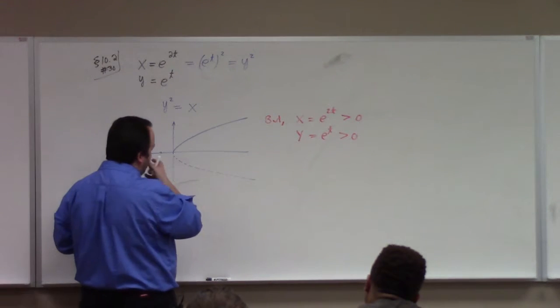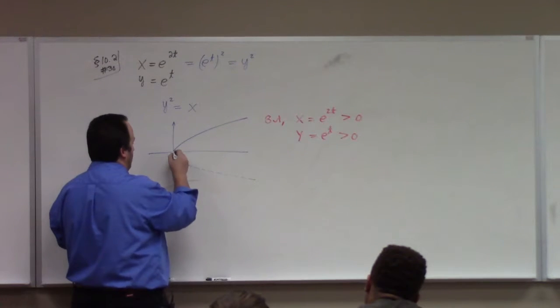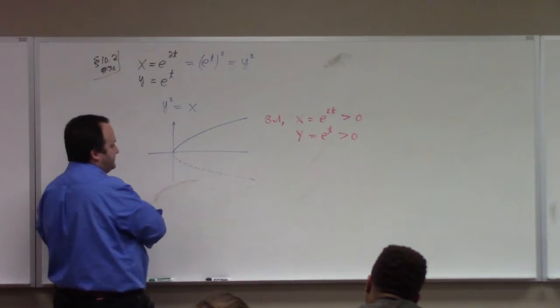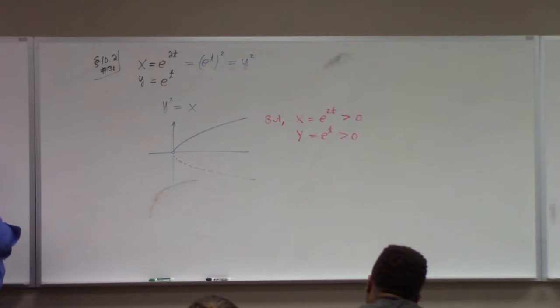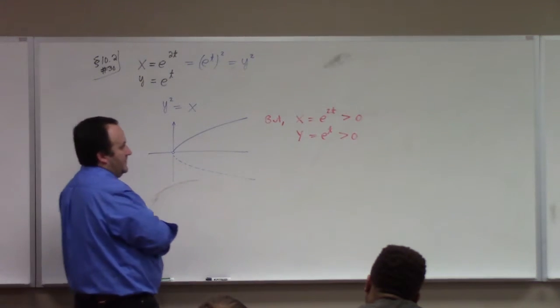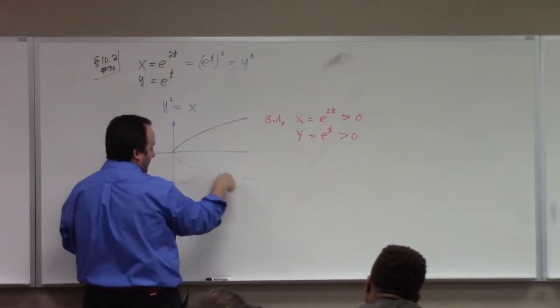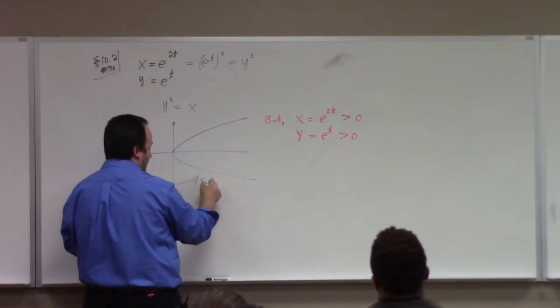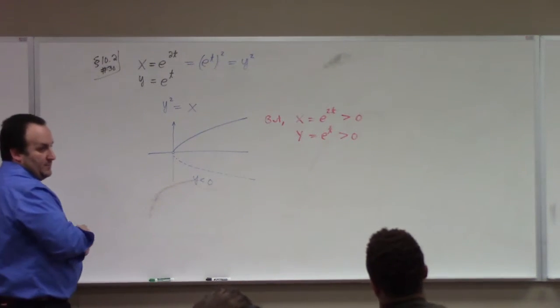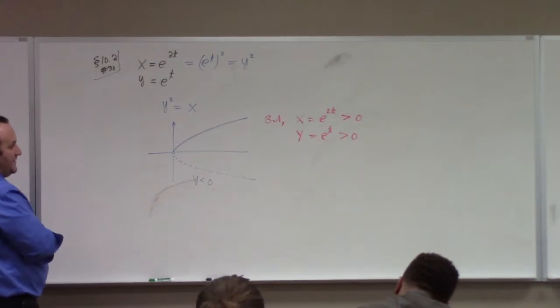In fact, the parametrized curve doesn't even include the origin either. Why is half the graph missing? Because x is positive and y is positive, which means we're on this part of it, not that part. Down here we've got y less than 0. So yes, y squared is equal to x, but it's also got fine print.